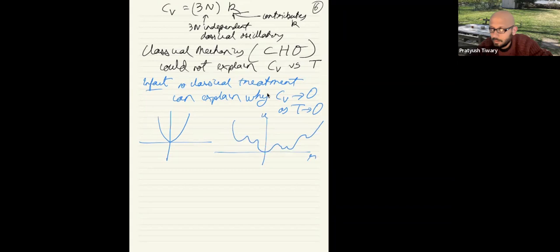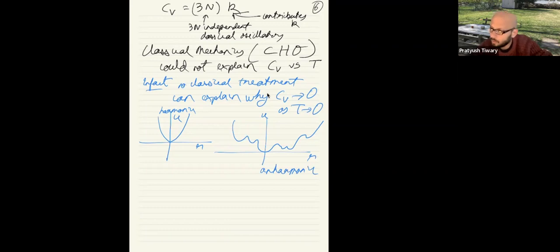This harmonic crystal where you have U versus R like this will give you a constant heat capacity. This anharmonic crystal will not give you a constant heat capacity. The heat capacity will depend on temperature. But as the temperature goes to 0, it will still give you a finite heat capacity.